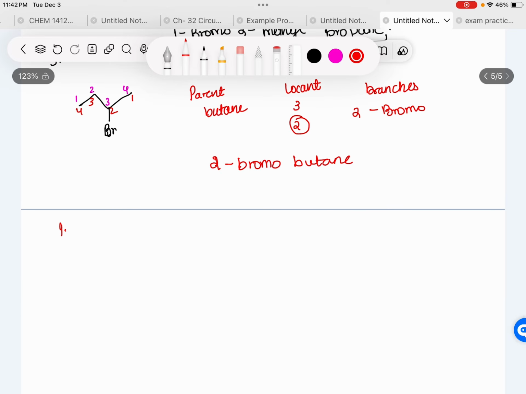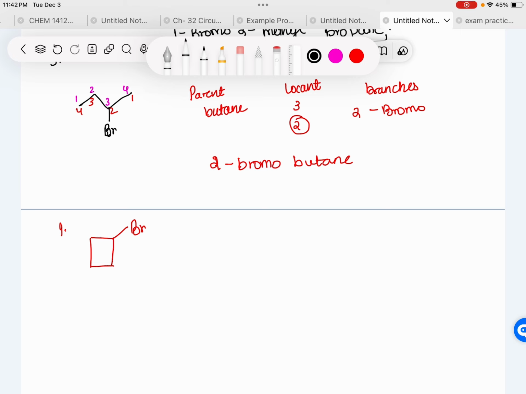The fourth isomer is the complex isomer, which has a cycle and a bromine attached to it.